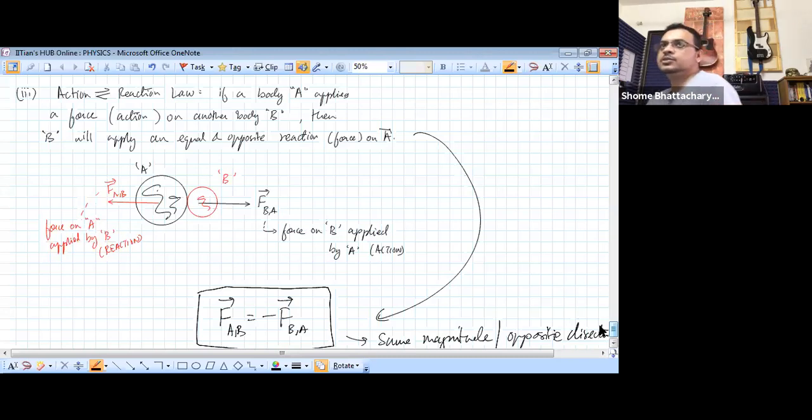At the same time, I'll tell you something interesting. It's one of the most misunderstood principles in Newton's laws. People very easily make a mistake in the application of this. I'm going to discuss some examples and you'll see how that happens.